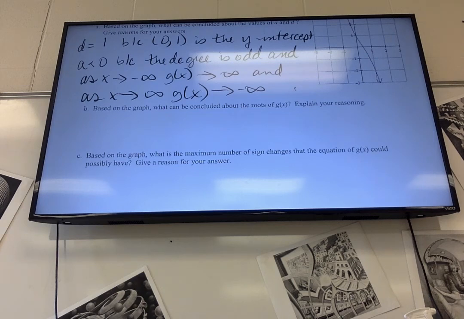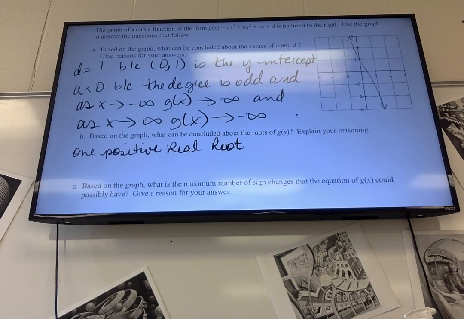Somebody else. There's one positive real root. And how do you know that? Yeah, it crosses the x-axis.